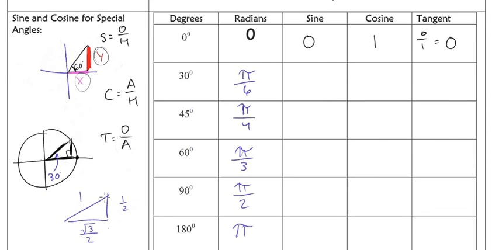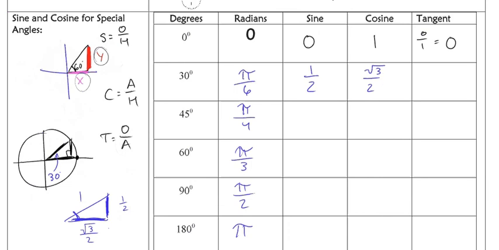So root 3 over 2 is our long leg, which is going to be our cosine on this one. So our sine here is 1/2. There's our opposite side from the reference angle. Our cosine, our adjacent side, is root 3 over 2.